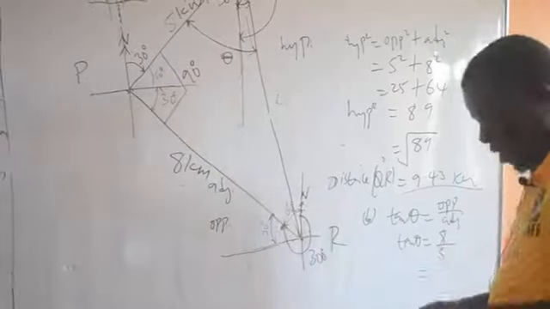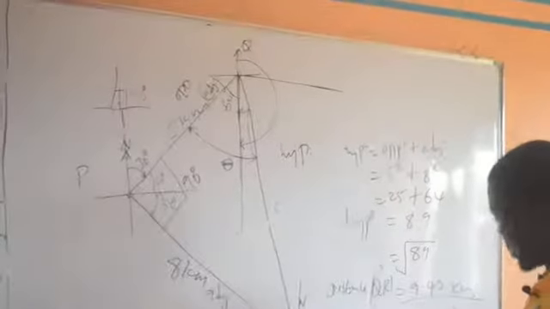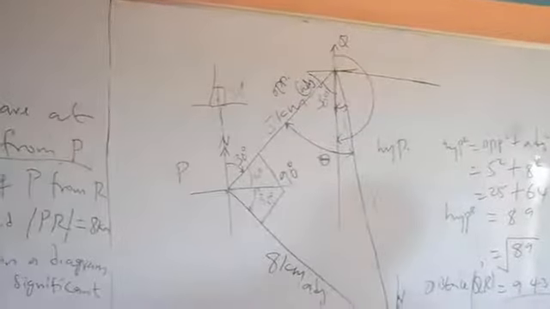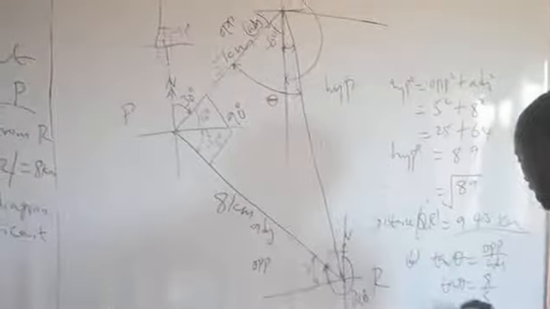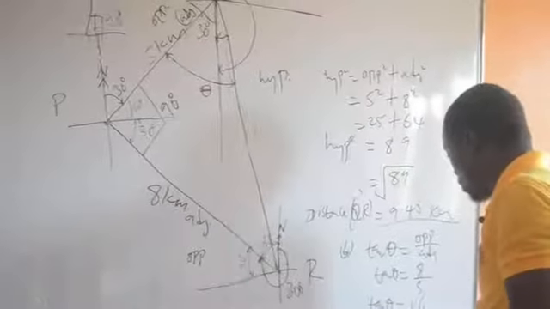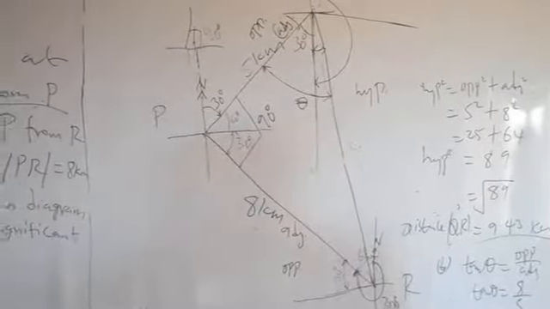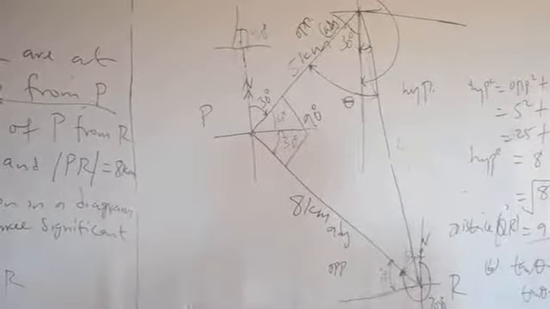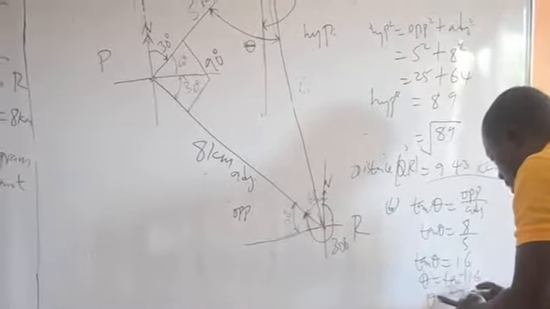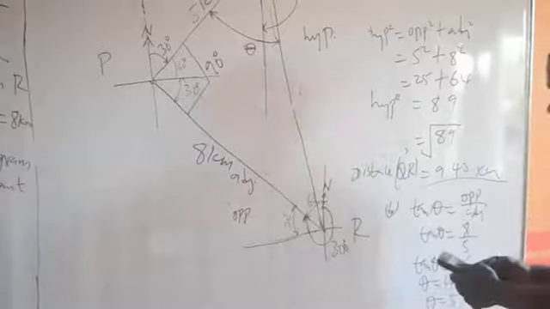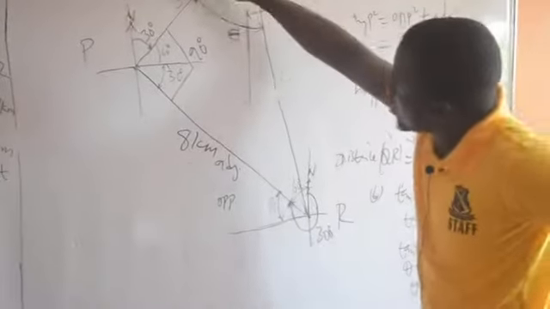So 8 divided by 5 gives 1.6. We now take the tan inverse of 1.6, using the second function. That gives theta equals 57.99 degrees. So that is this angle from here to here.